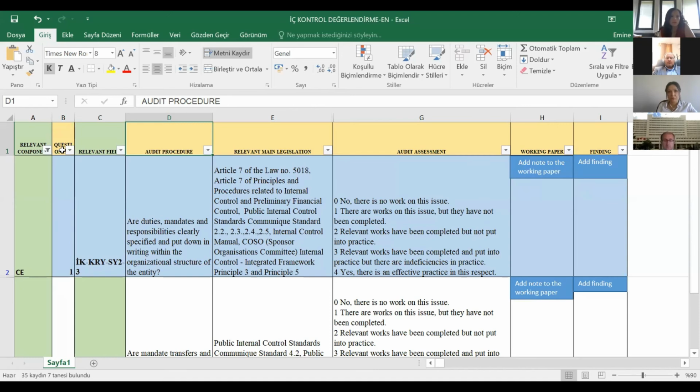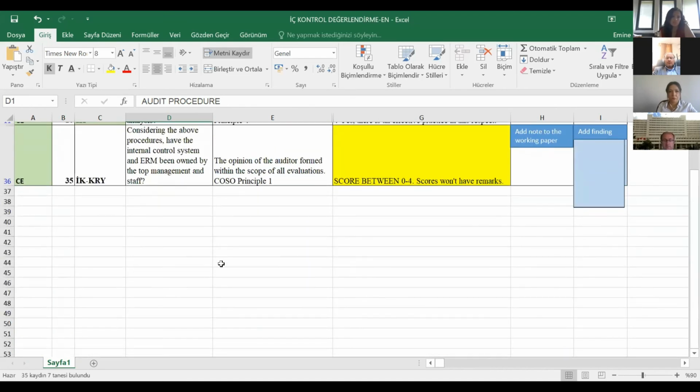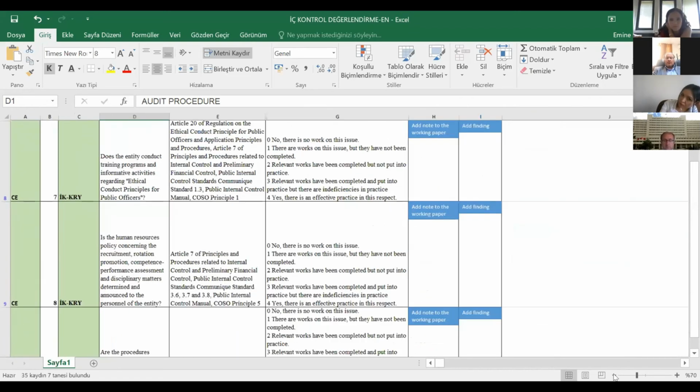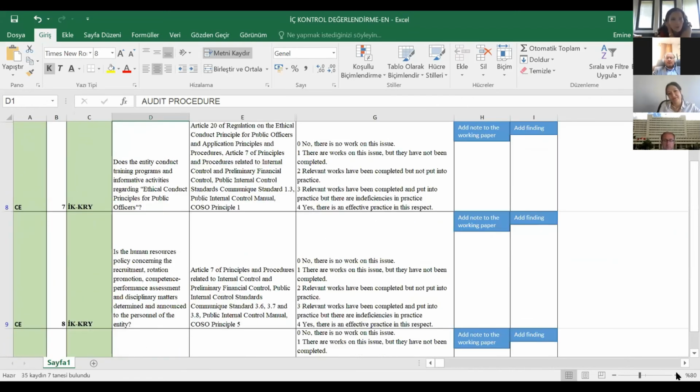And let's look at the other question related to the control environment. For example, human resources. Is the human resources policy concerning recruitment, rotation, promotion, competence, performance assessment, and disciplinary matters determined and announced to the personnel of the entity?